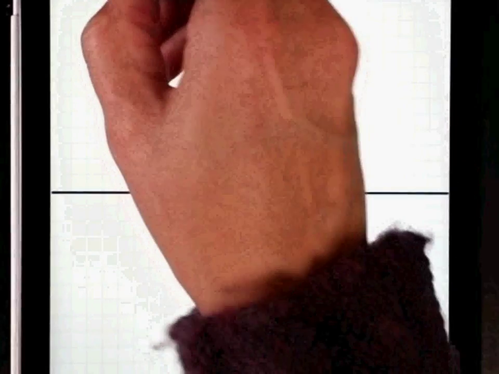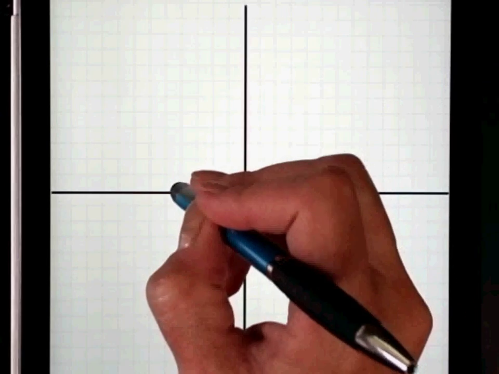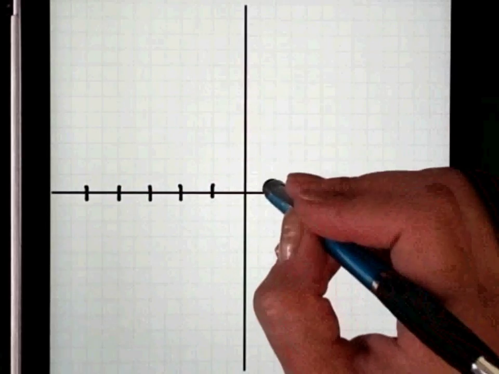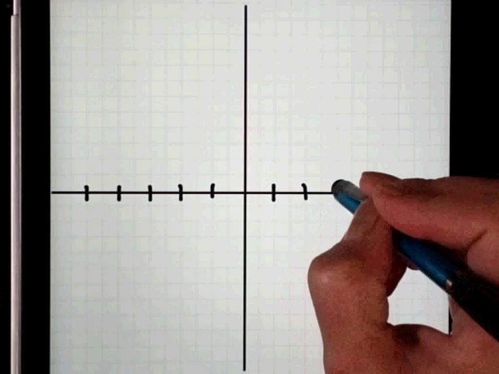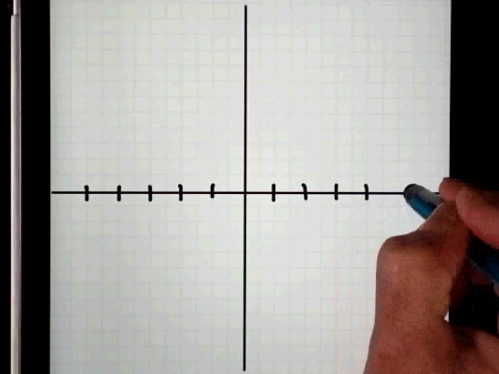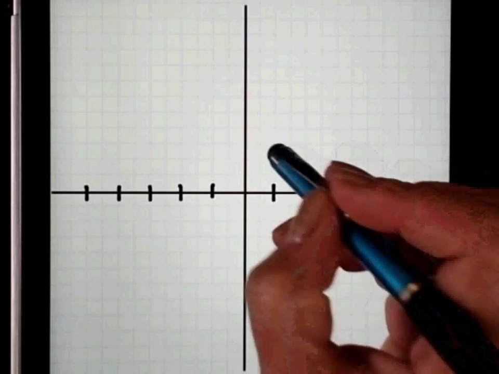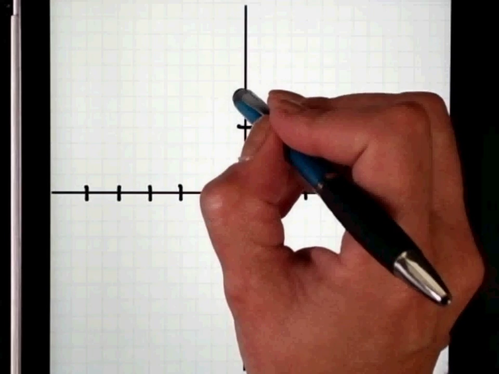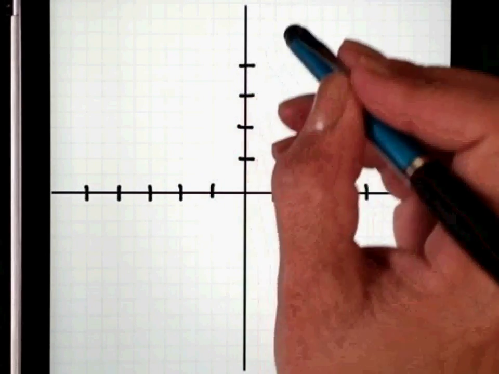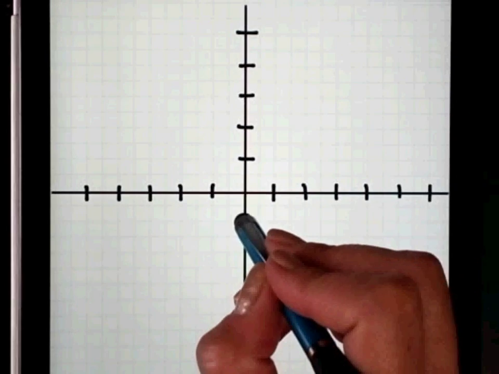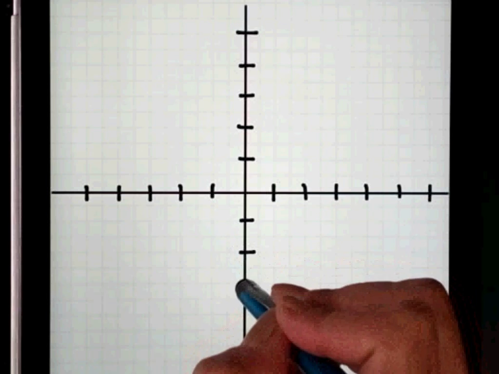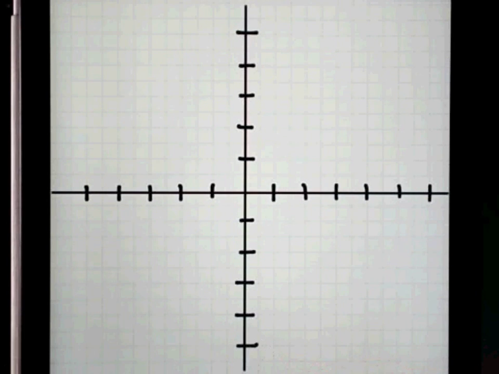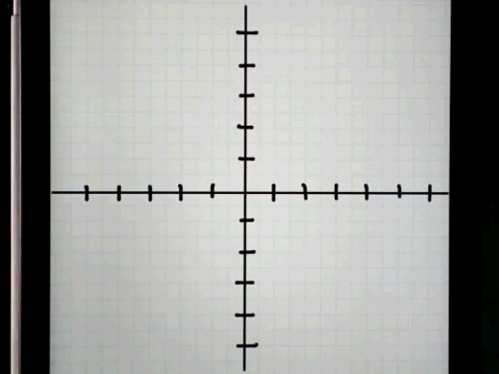I'm just putting my tick marks on here. Each tick mark will represent one number. The only thing I've done differently is I've skipped some squares in my grid, because my grid is smaller than I want to draw on with this pen.